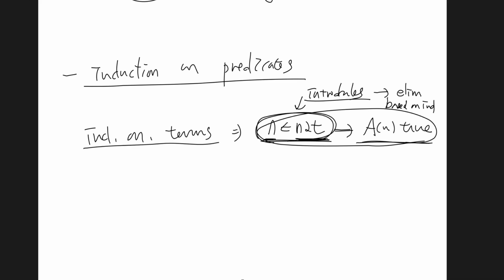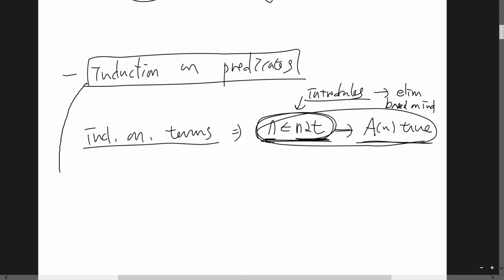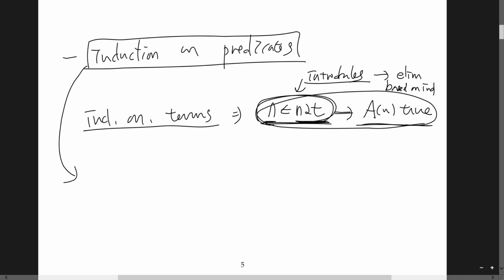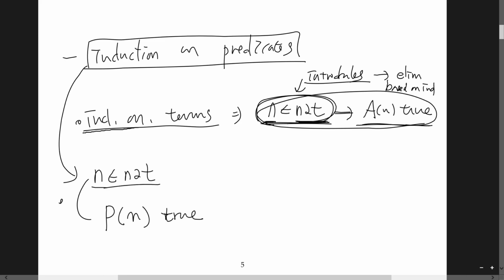In contrast, this induction on predicates assumes a different situation. This time, we have a proof term, a term of a data type nat, for example, and we know that this term n satisfies a particular predicate. So we see the difference between this case and this case. In the first case, we only have this judgment.